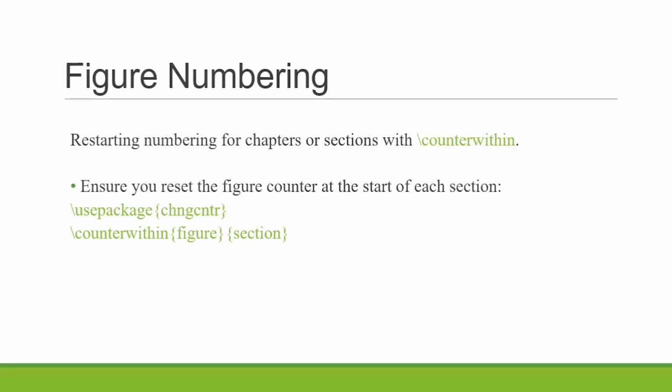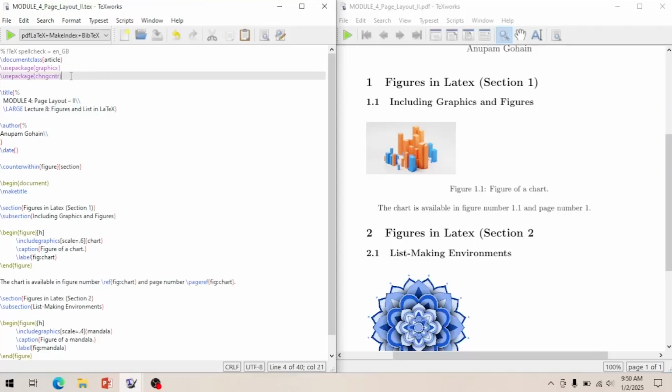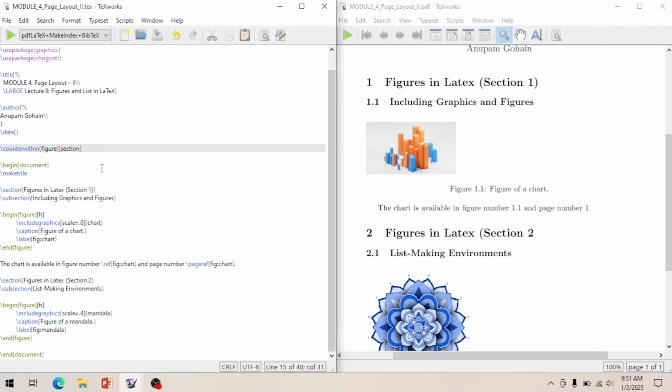We have to use the package chngcntr and then define the command \counterwithin, figure inside the curly brackets, then section inside the curly brackets. Here we have used the package chngcntr and used the command \counterwithin, figure and then section.